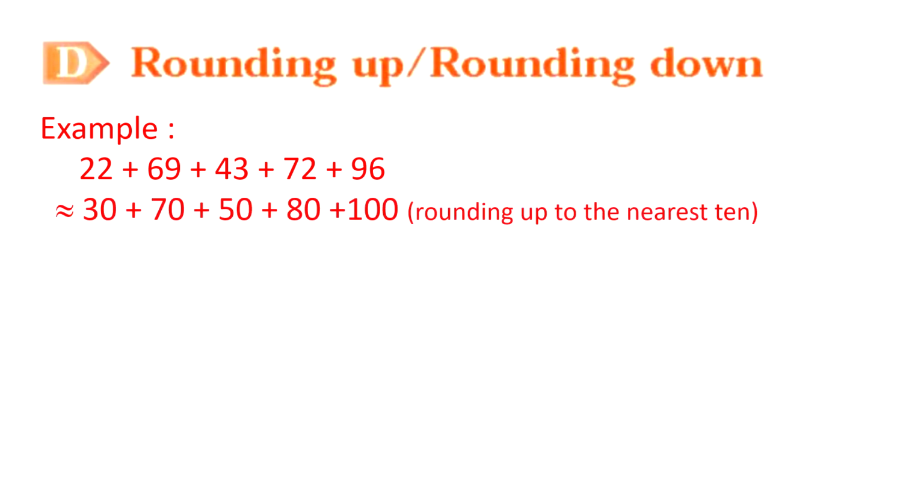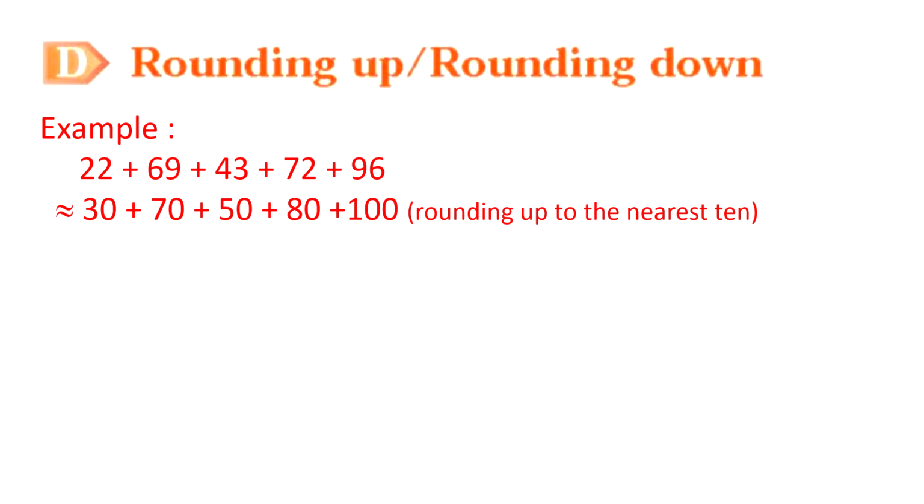Okay, well, the last one is rounding up or rounding down. Maybe I use this one as an example. When we use rounding up, for example, rounding up to the nearest 10, that means each number we will choose a greater number, which is rounding up to nearest 10 in this case.